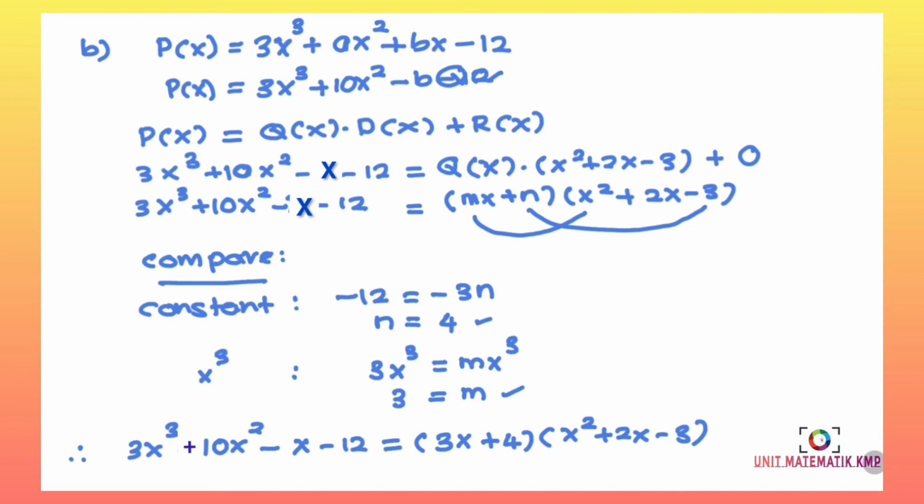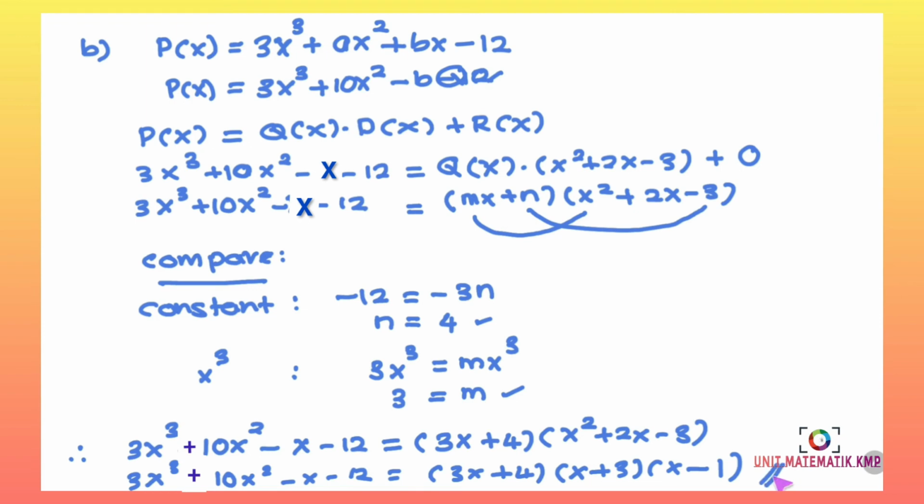This is not a complete factorization because we can still factorize the quadratic expression here. So the final answer should be 3x^3 plus 10x^2 minus x minus 12 equal to (3x plus 4) times (x plus 3) times (x minus 1). So this is our completely factorized form.